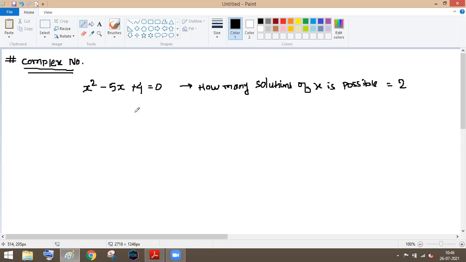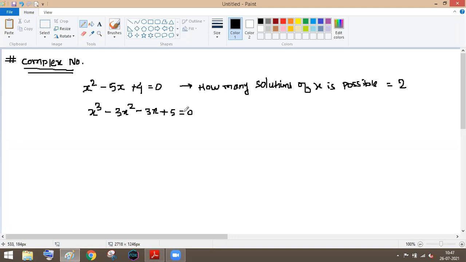Your answer is 2. Now let's assume that suppose we have x cube minus 3x square plus 5 equal to 0.